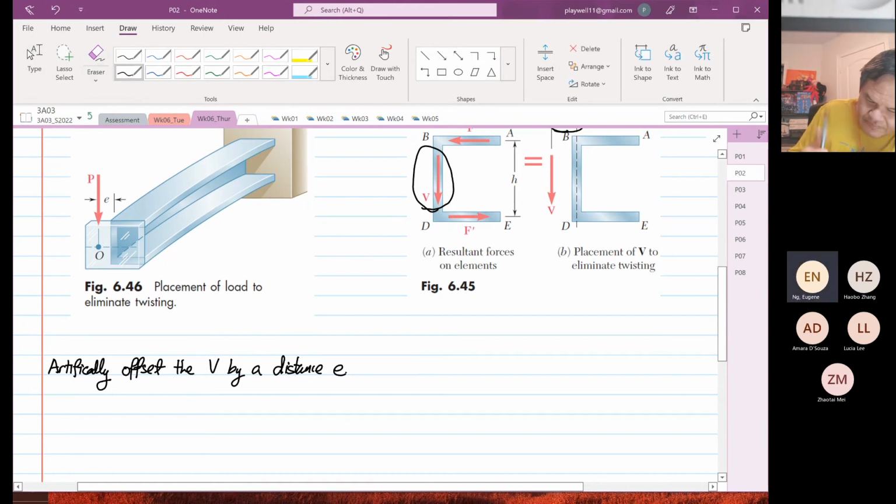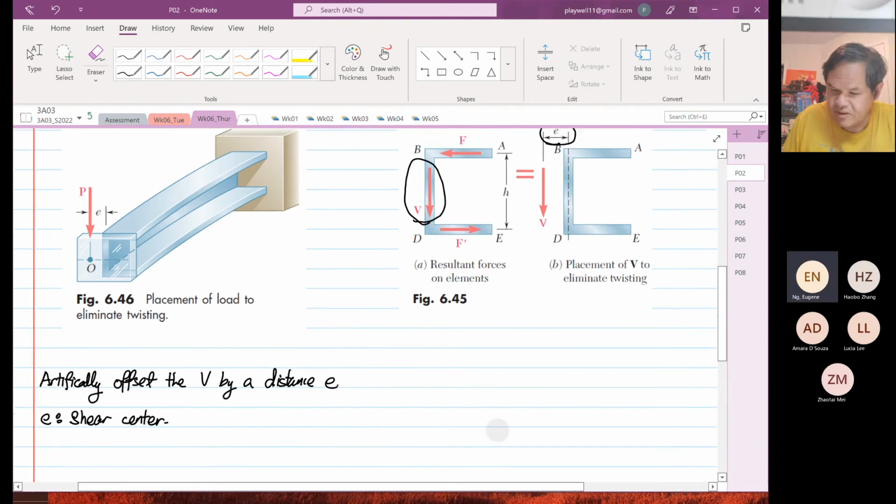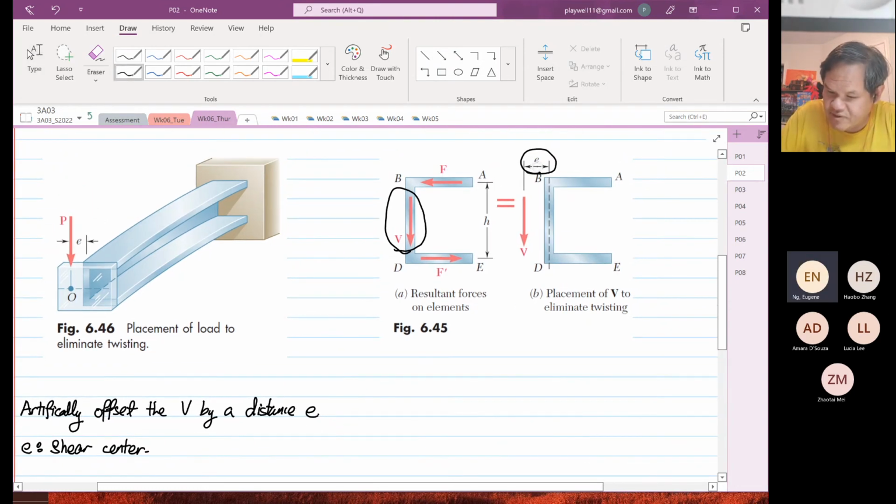The E is known as the shear center. E is known as the shear center, as you can see down here.